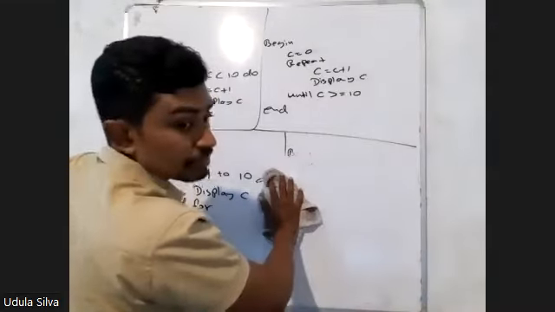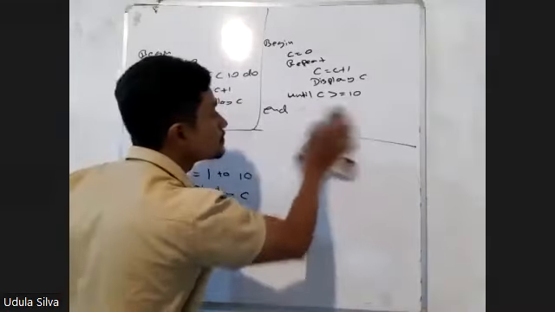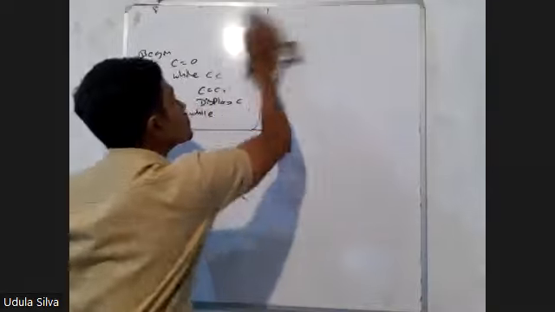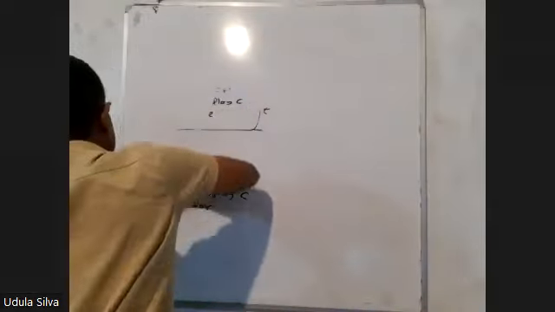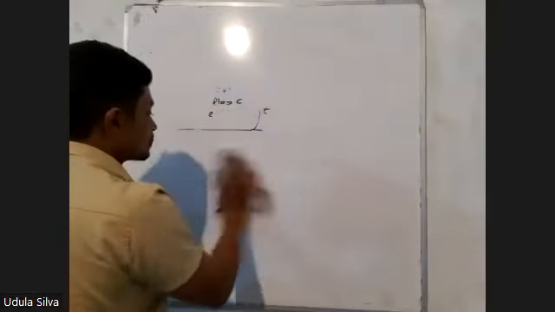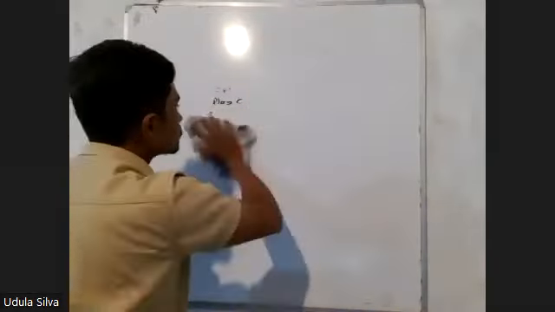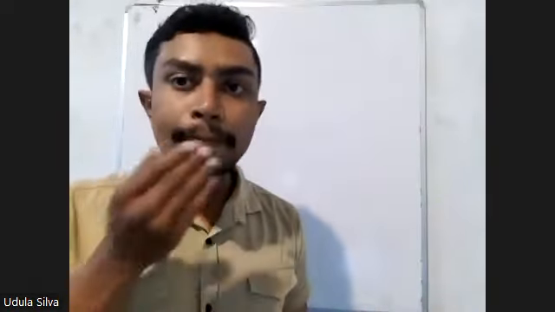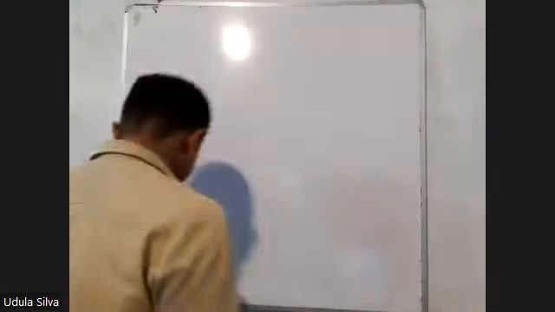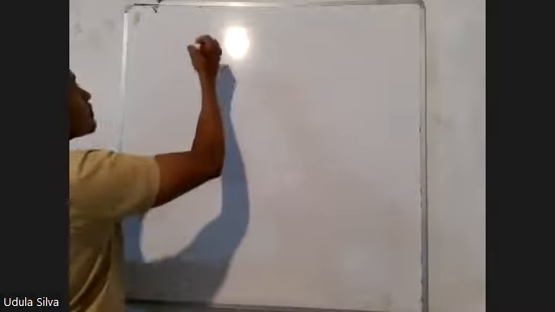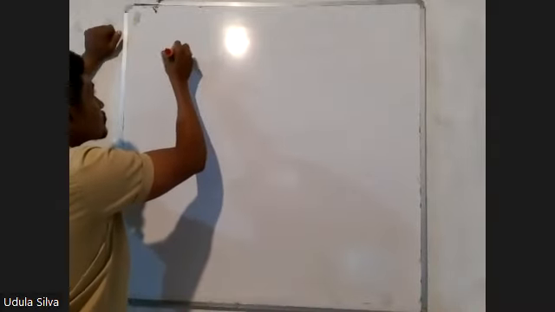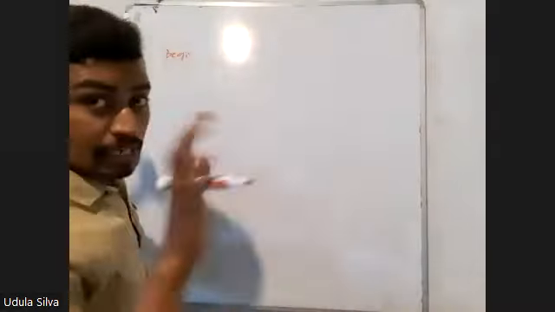What is the variable that we have used for the repetition? C equals what? C equals 1.